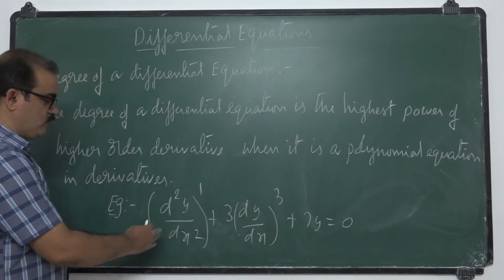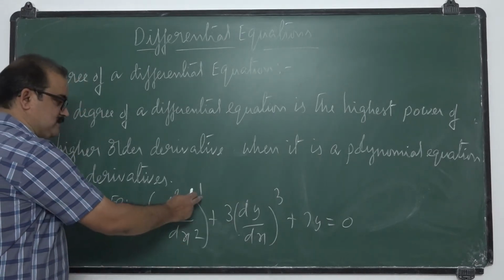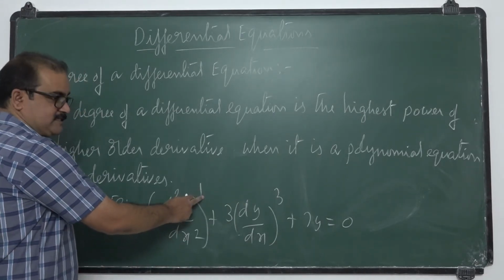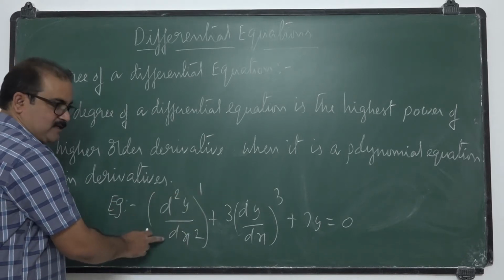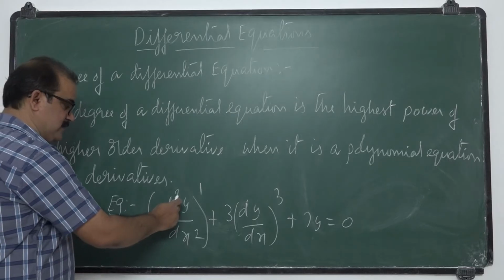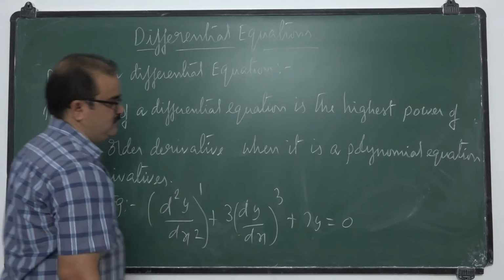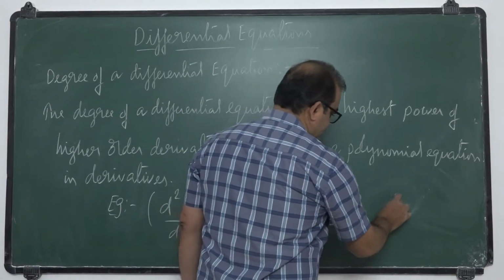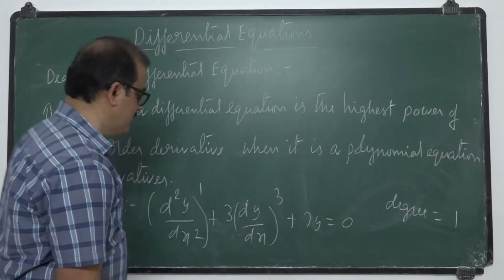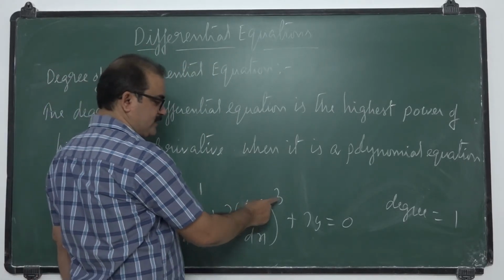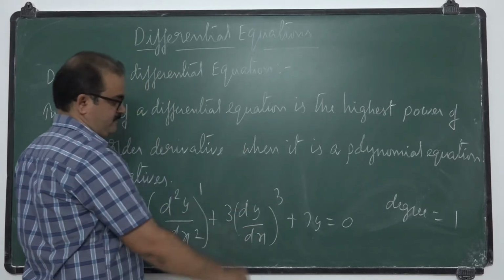Now, to find the degree of a differential equation, we consider the highest power of the higher order derivative. Here second order is higher order. What is the power of second order? That is 1. So, degree is equal to 1. Here degree is not 3. Why is degree not 3? Because 3 is the power of first order.